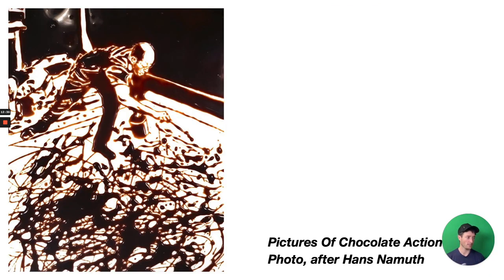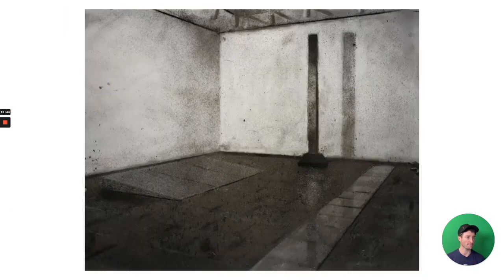Same here, this picture of chocolate action, right? This is good timing after some of the stuff that we just learned. This is Jackson Pollock. This is a series of images he made from dust drawings, I think they're called, or pictures of dust.